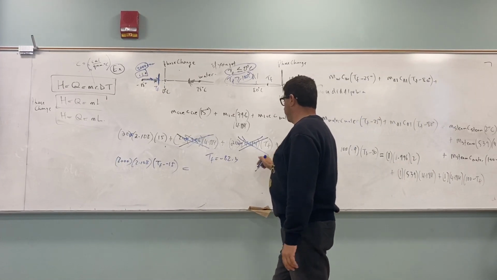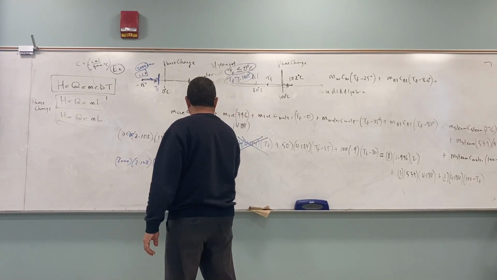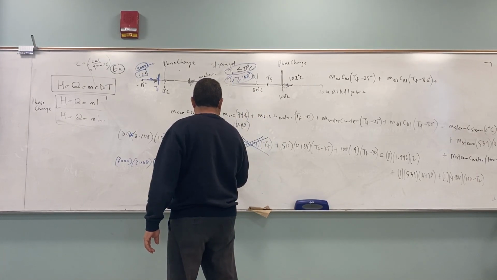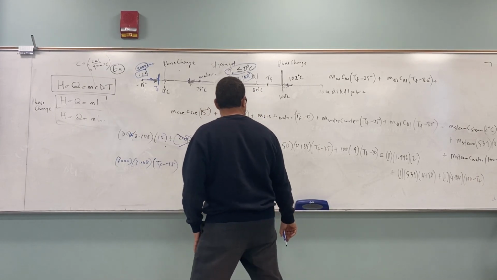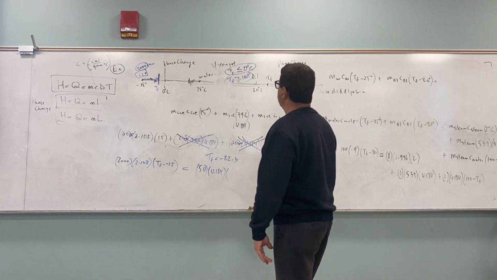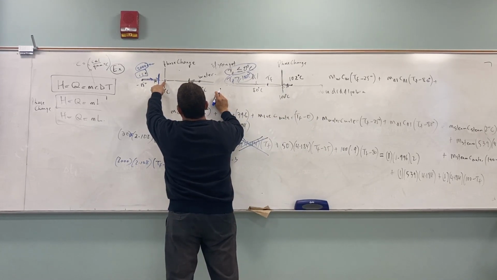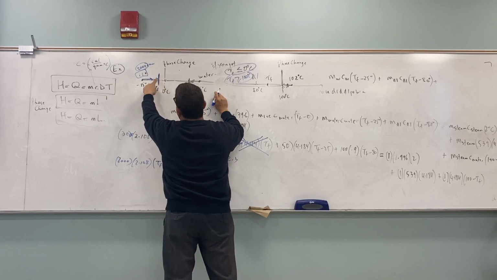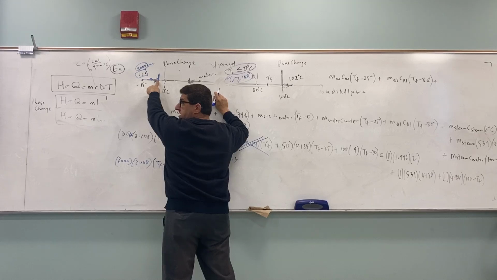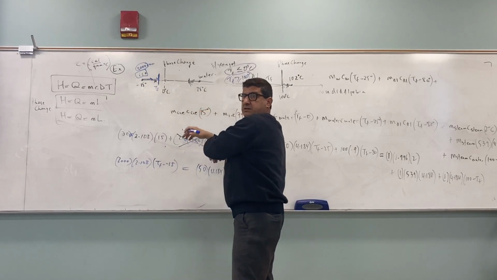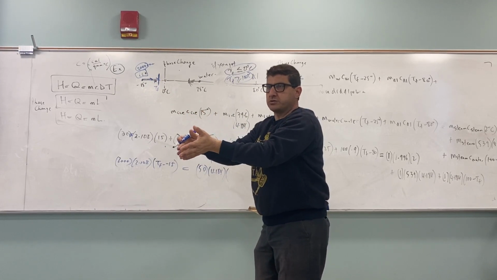Where the water starts at 50, 4.184 equals to what? So now the water is gonna lose heat, and then freeze, and go all the way to TF, you see? So the water has to get to that point.